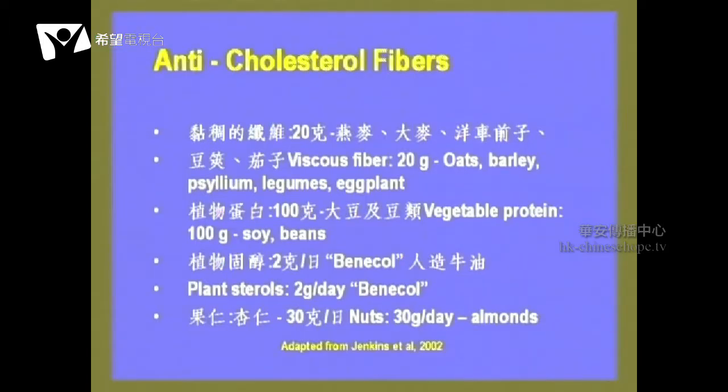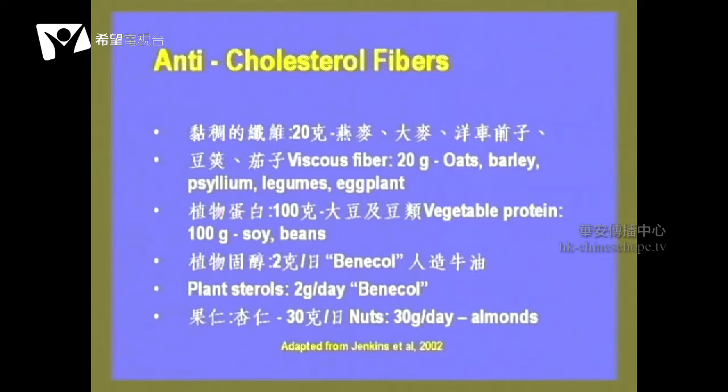What we advise for cholesterol is the use of vegetable fibers. First, we advise the use of viscous fiber like oat, barley, psyllium, legumes, and eggplant.